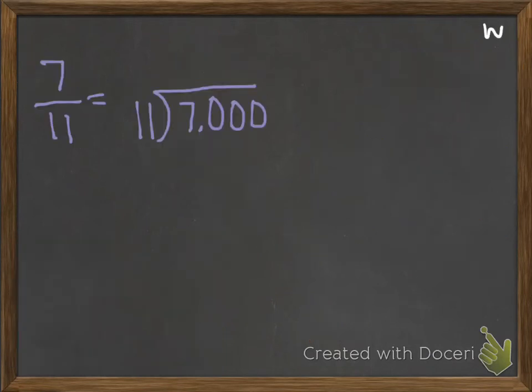Okay, let's try to find another example of when the decimal recurs or repeats. 7/11. Again, I'm going to do this division fast because this is not our target. This is an old target, right, of long division.